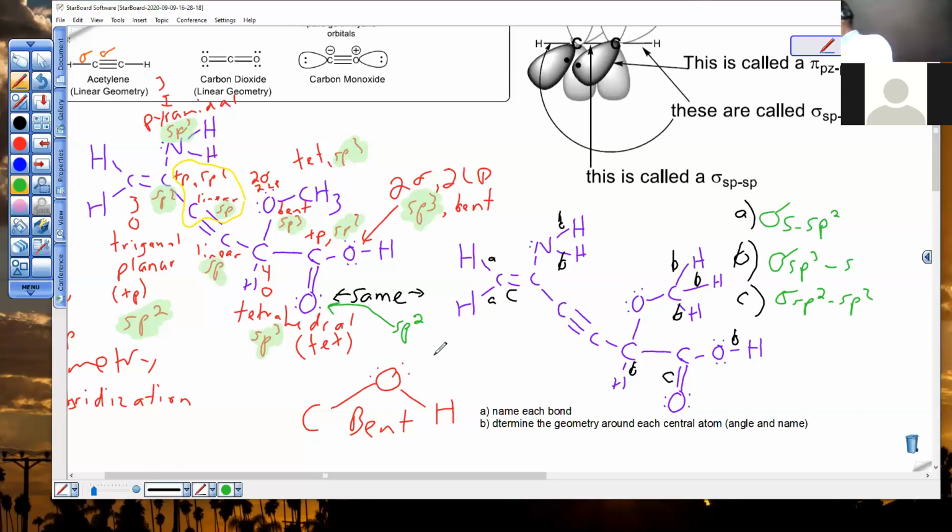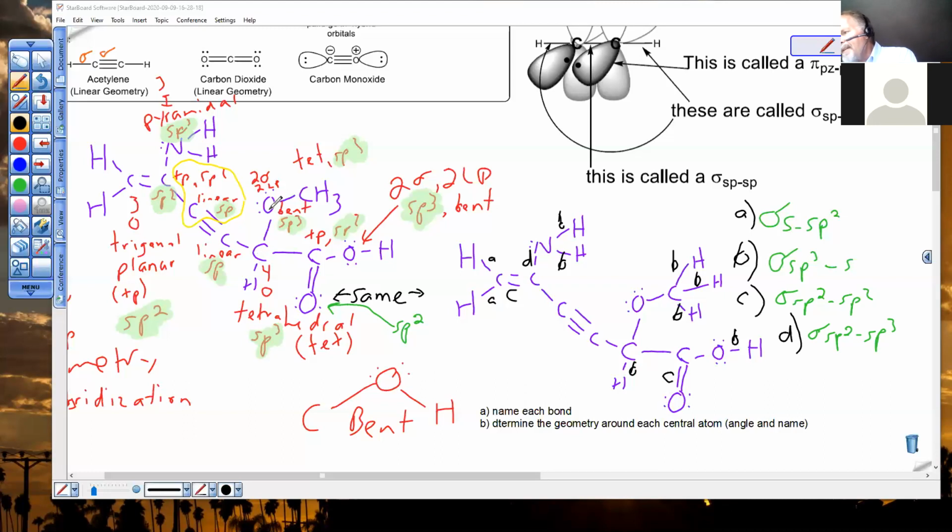We're going to go D up here. And there's probably more than one D. Let's focus though on what D is. The carbon below is sp2. Nitrogen above is sp3. And there's only one bond, so it's called sigma. sp2 to sp3. Let's go find some more D's in our molecule. We have an sp3, sp3.